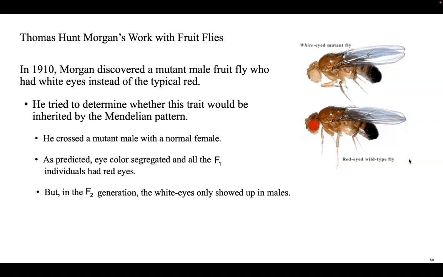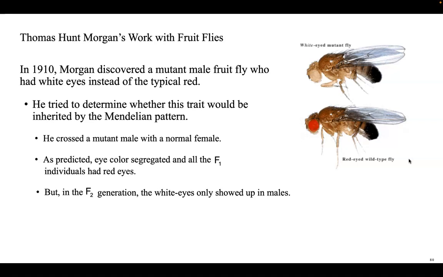In chapter 10, they also discussed Thomas Hunt Morgan's work with fruit flies. And in 1910, Morgan discovered a mutant male fruit fly who had white eyes instead of the typical red eyes. He was trying to figure out whether this trait would be inherited by the Mendelian pattern that Gregor Mendel proposed.